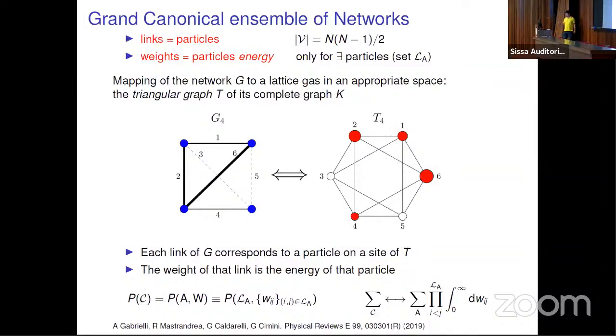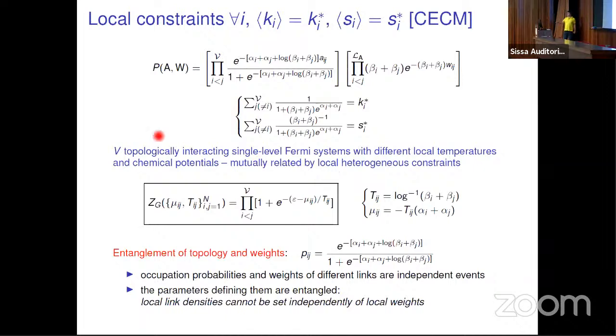For instance, if we impose local constraints, like the degree and the strength of each node, we end up with a system in which you have a nice connection between local temperature and local chemical potential with the Lagrange multipliers associated with the nodes. I'm not going into details about this.